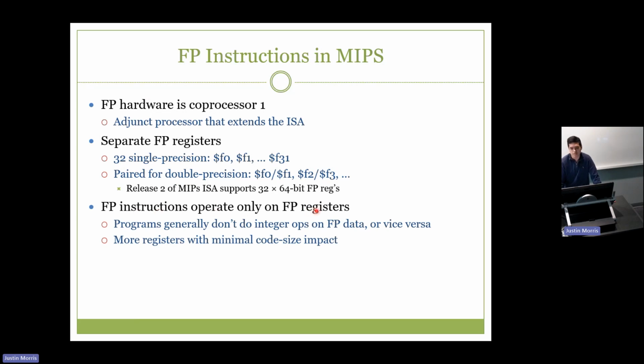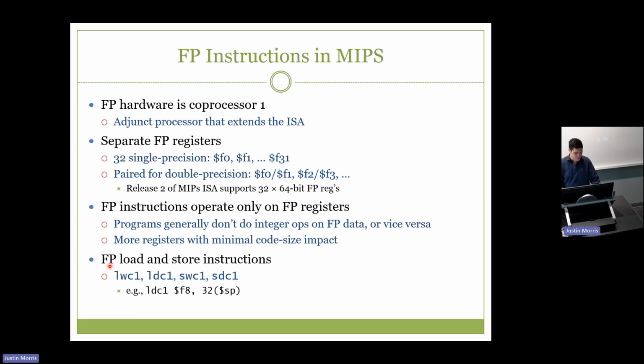You cannot use the normal 32 registers for floating point instructions. This is fine because programs usually don't do integer operations on floating point data or floating point operations on integer data. And with more registers, we also have minimal code set impact.